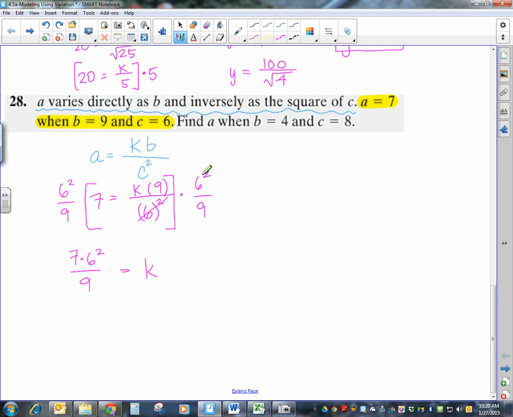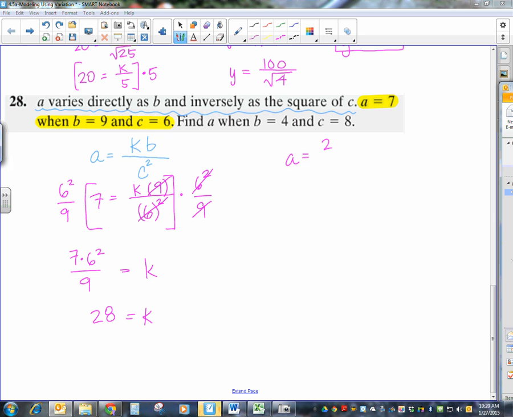You'll see that these two cancel, okay? And then that's why I get 7 times 6 squared over 9. So when I solve that for k, I'm going to find out that k is equal to 28. So my equation is going to say a equals 28 times b over c squared.